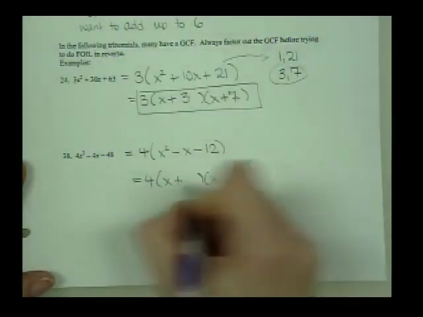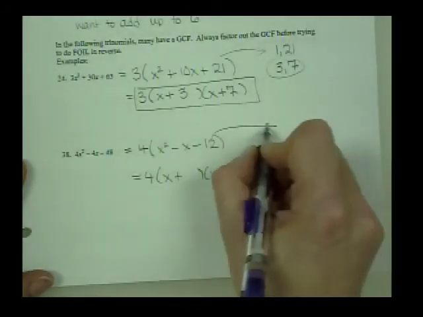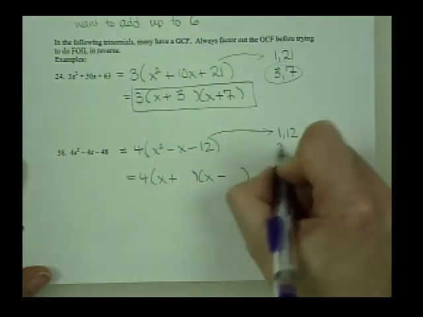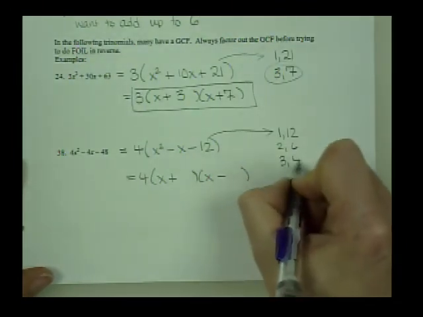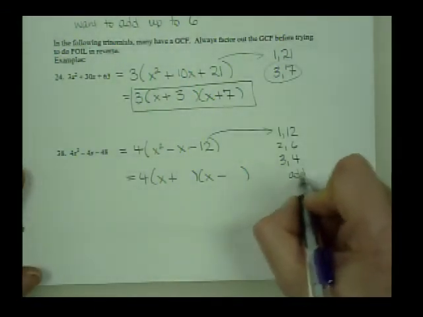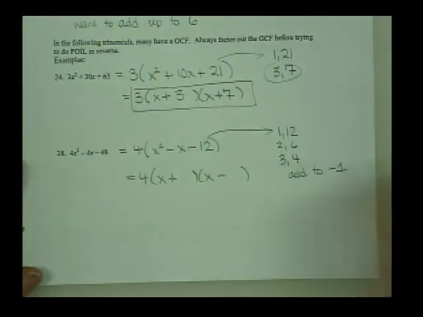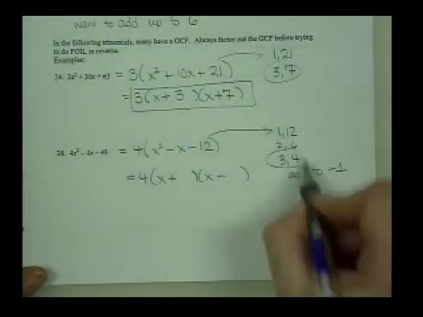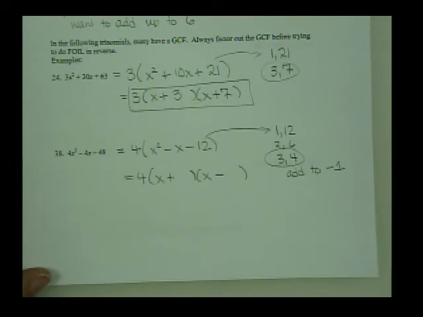Plus and minus. And the ways to factor 12 are 1 and 12, 2 and 6, 3 and 4. We want our factors to add up to what? Negative 1. So we add to negative 1. So which pair works? 3 and 4. And which one should be negative? The 4.